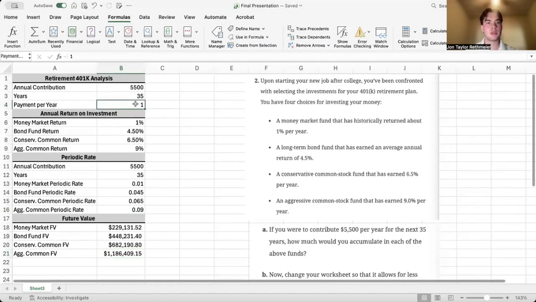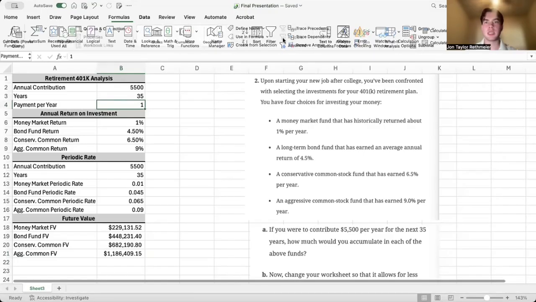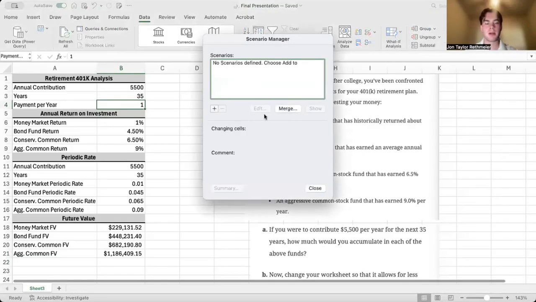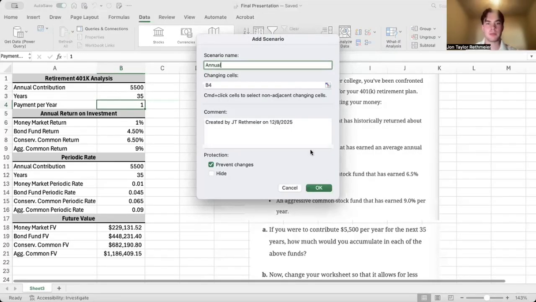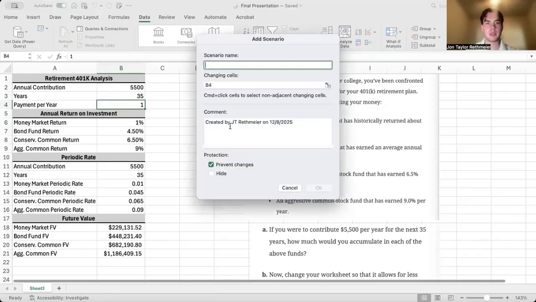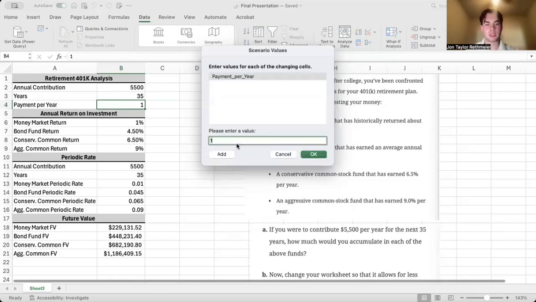All right. So now we need to go to data and do our scenario analysis. It's going to be annual, and then it's going to be 1. It's going to be add. And then we have our quarterly. This is going to be 4, add.